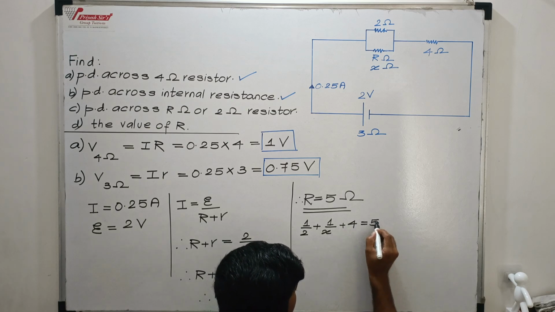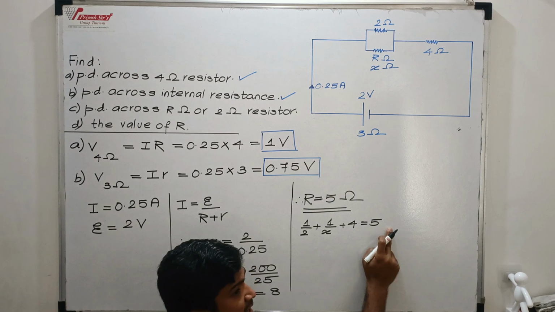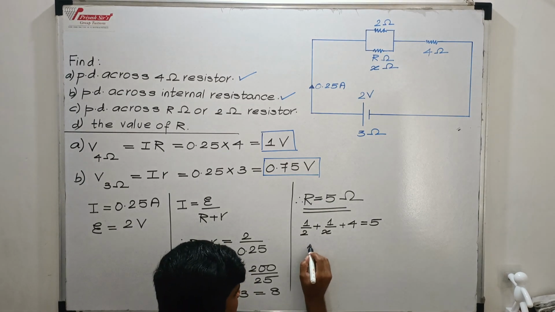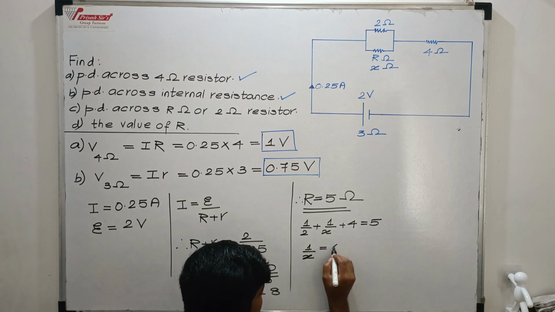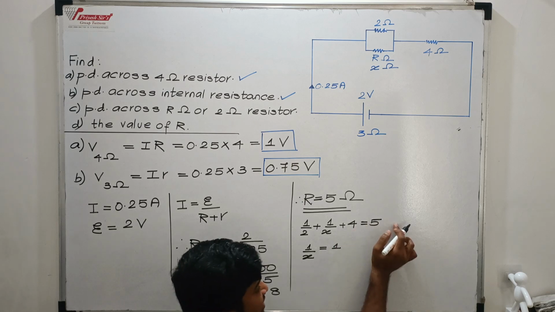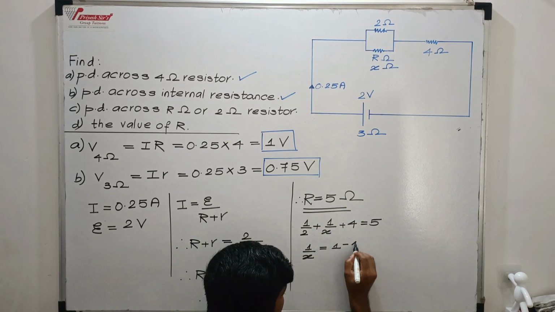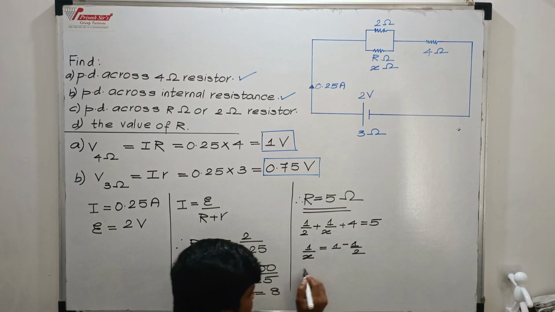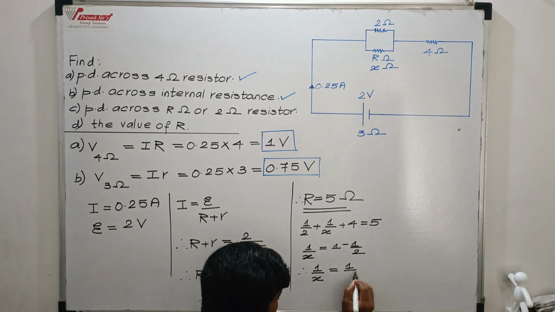Total is 5. External 5 minus 4 goes there, it becomes 1. So 1/x, this would be 4 goes there, subtraction, 1, this half also goes there. So this is 1 minus half, which is 1/x equals half.